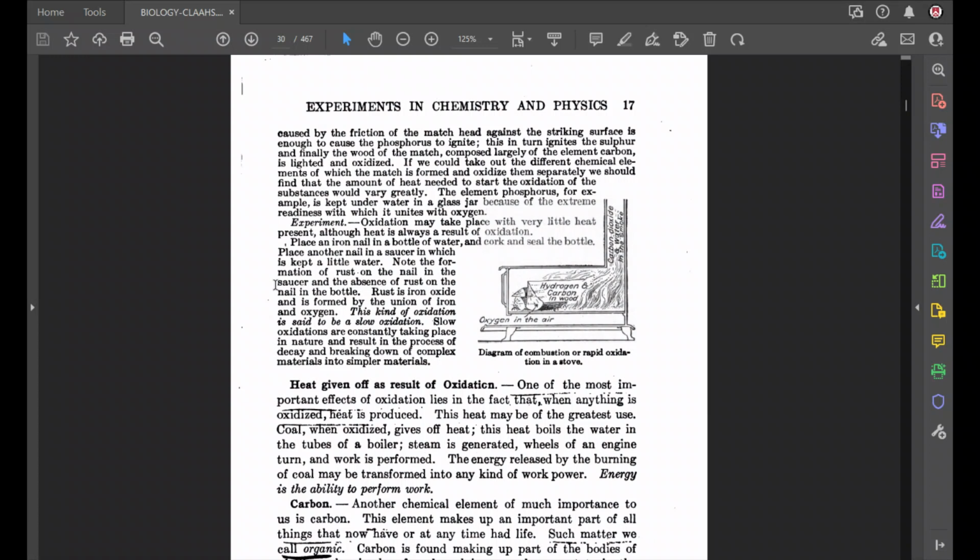Okay? So even in striking a match, so now we know how that process works. We strike it to create friction. Friction creates a little bit of heat. That little bit of heat is all that's needed to make the phosphorus ignite. The phosphorus ignites, and that causes the sulfur to ignite.